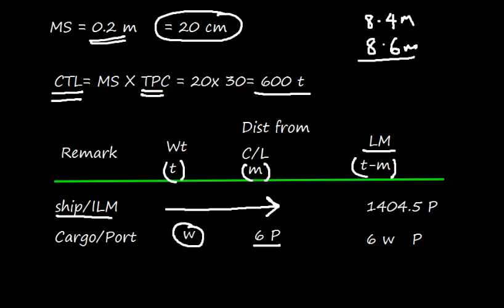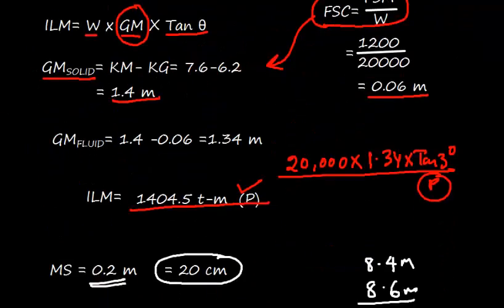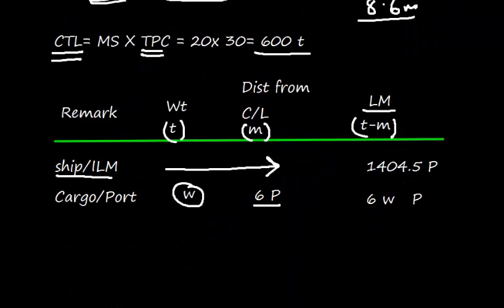Let's go up here to cross check. The distance of this space is 6 meter on port side. So we'll come here. So that means I am having the list moment which is W into 6 and towards port side. So this one is also on the port side, this one is also on the port side.